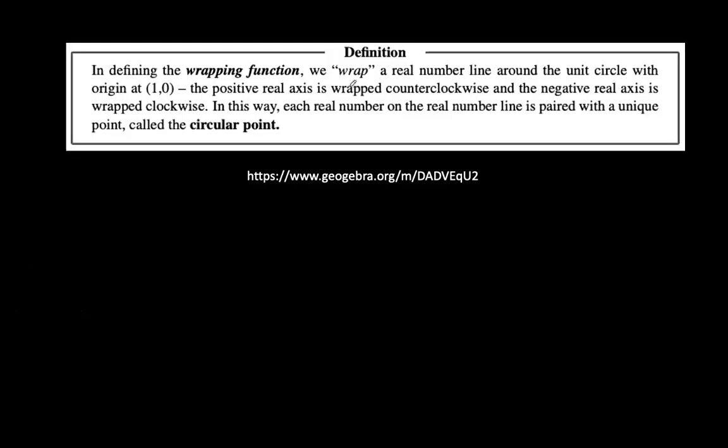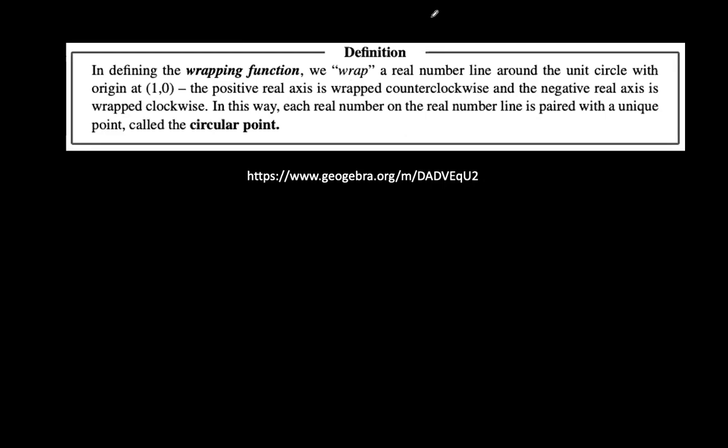Now, what is a wrapping function, by the way? To define wrapping function, we wrap, literal. We wrap a real number line around a unit circle with origin (1, 0).